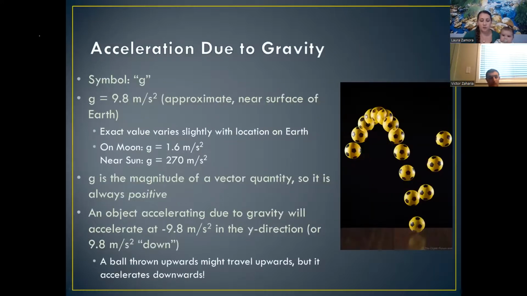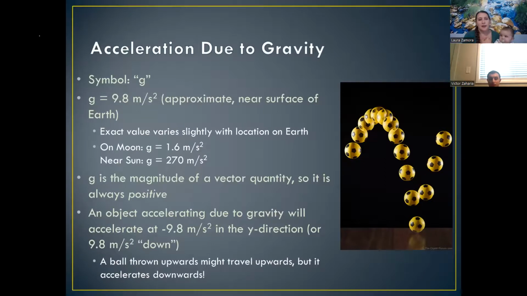Okay. So acceleration due to gravity is a very, very important concept in Physics 1. It's so important that we have given it its own special symbol, and that's lowercase g. Whenever we're talking about the acceleration due to gravity, we will always see it written as lowercase g, not capital G. That is something completely different.